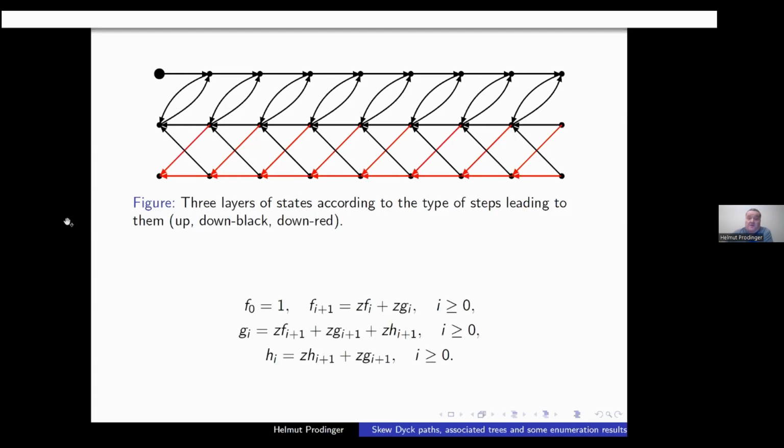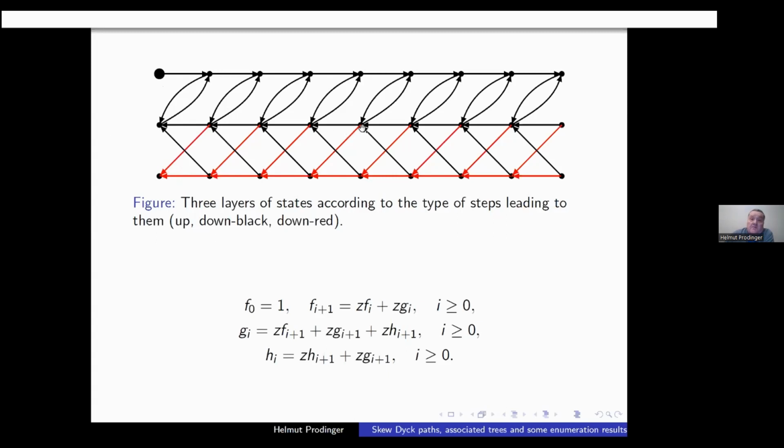And we use the following generating functions. Since we have these 3 layers of states, I call them F, G, and H, and they have indices. Let's say we have G_i, and z marks steps, and I just consider what the last step could be that brings me to G_i.